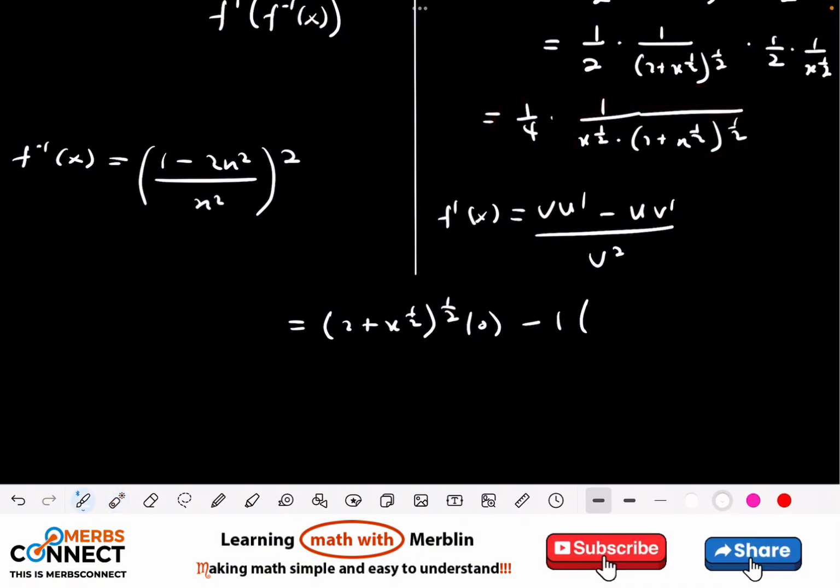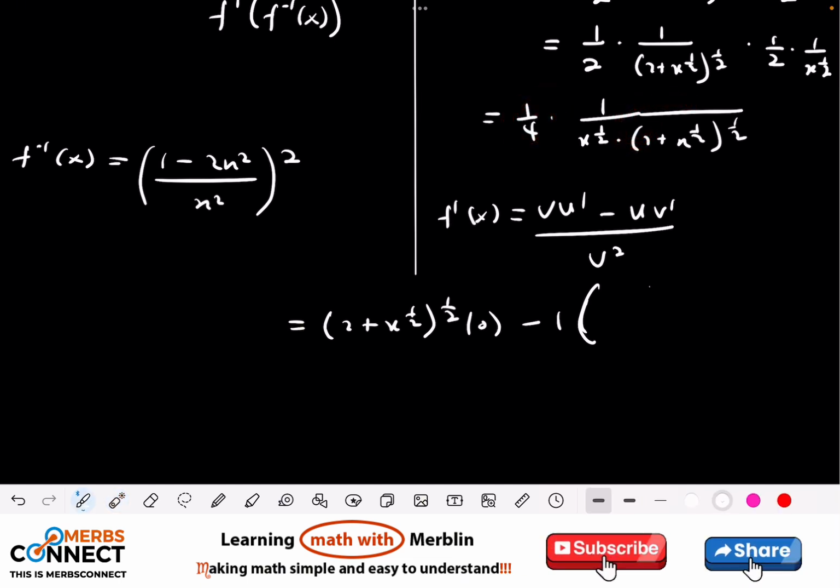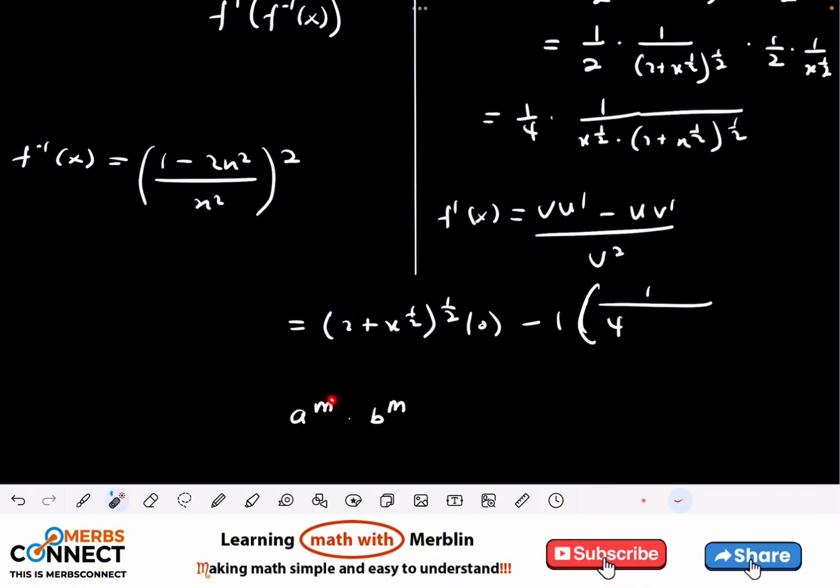So we are going to have, let me put them together so I can multiply this to this so that it becomes very simple. So this one is going to be 1 divided by 4, right? Now I want to do something here. If I have a to the power m times b to the power m, you see that the a is having the power of m. This is also power of m.